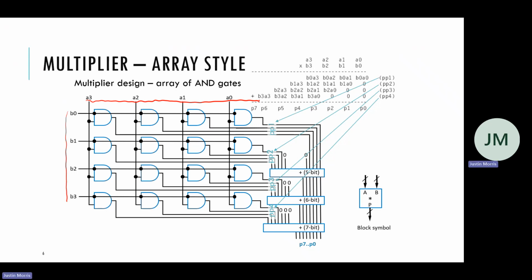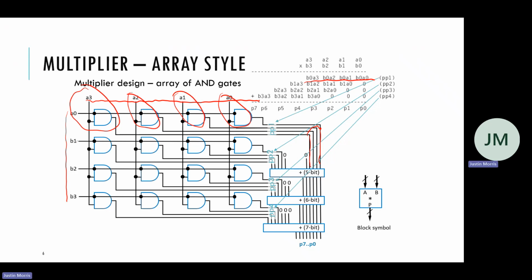So we're going to multiply A by B. And what you can see from these connections with B0, so this is B0 times A3, A2, A1, A0, right? And the results from these gates are going to the lower bits because they are the rightmost ones. It's these results.